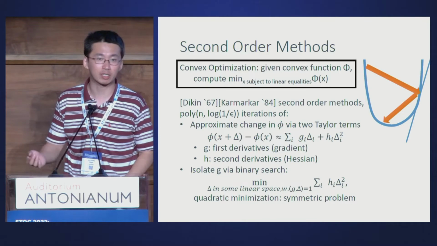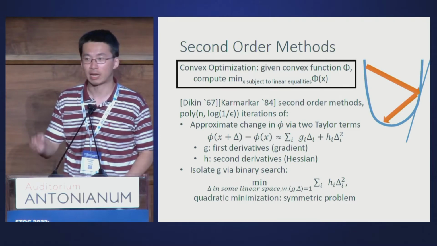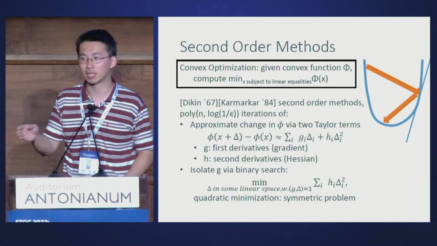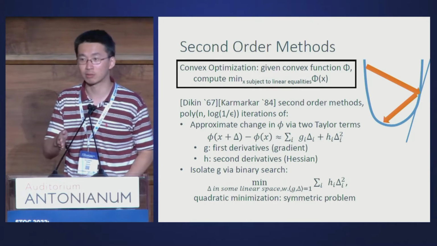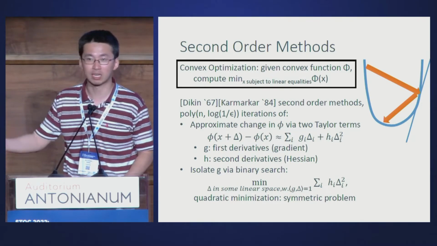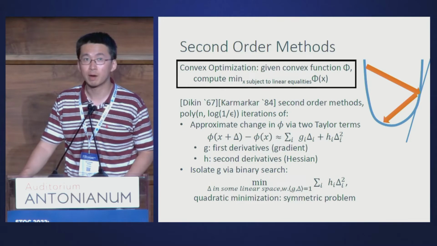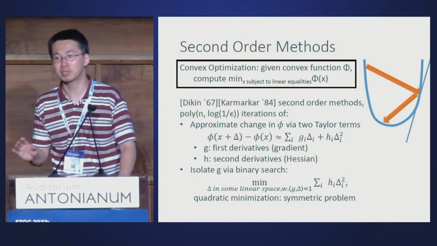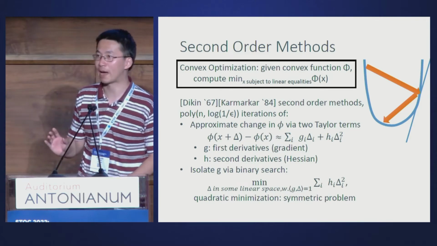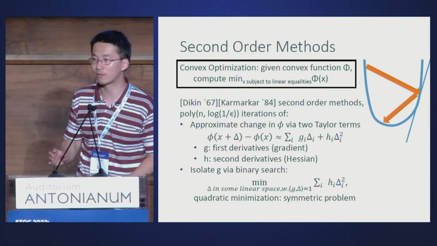I can just binary search. I look at the midpoint and see if the derivative is positive or negative. If it's positive, I go left; if it's negative, I go right. Anyways, the rough idea is that you can use binary search to minimize convex functions.